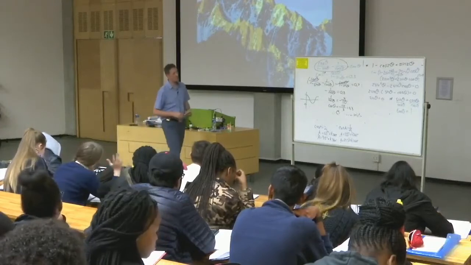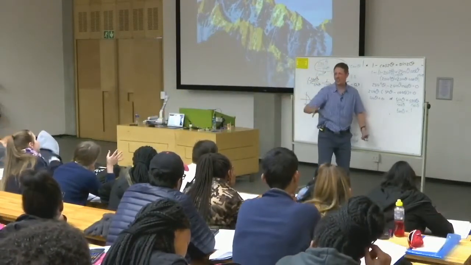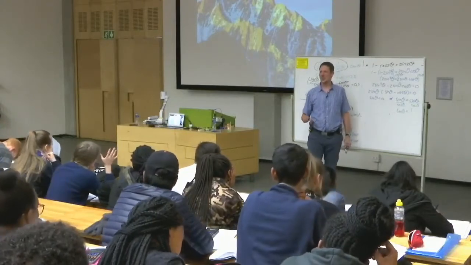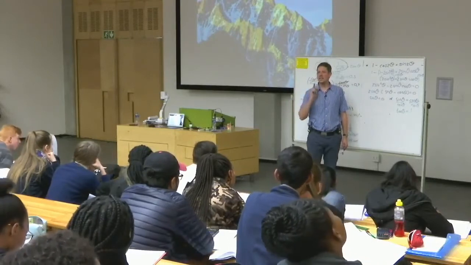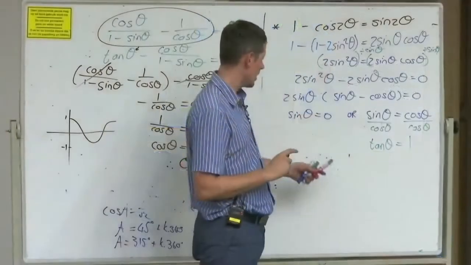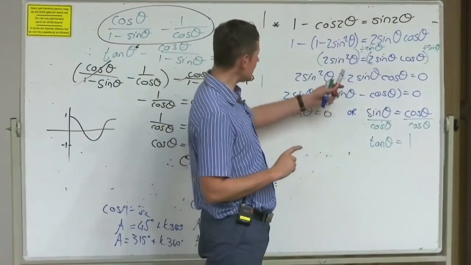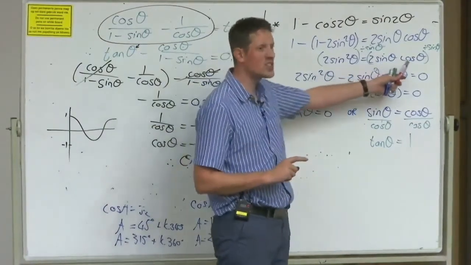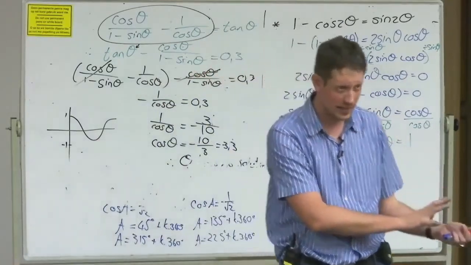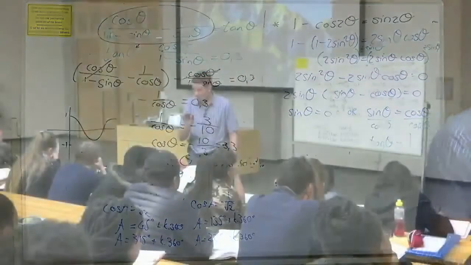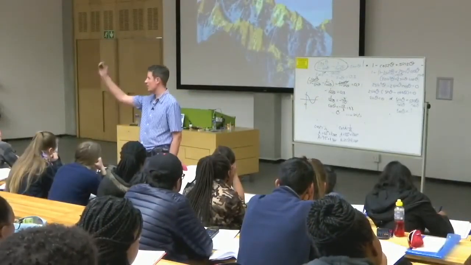Let me quickly share this with you guys. You're very close. The thing is, guys, look at this. Sine theta equal to 0 is a possible solution. If I make sine theta 0 on both sides, my left is equal to my right. So in other words, if I divide by sine theta, I could actually be dividing by 0.